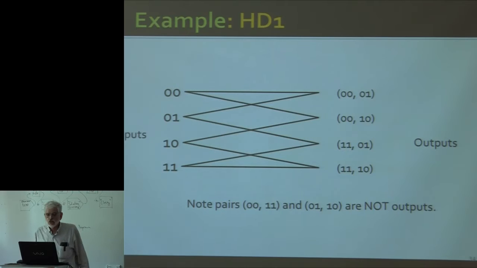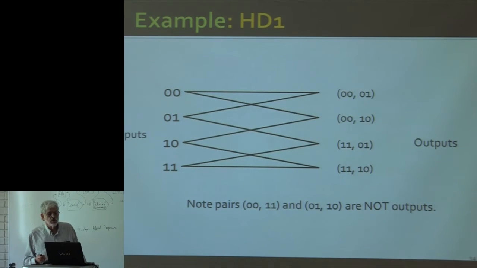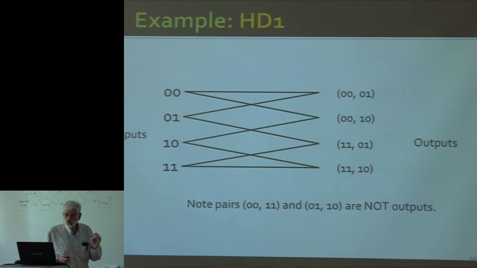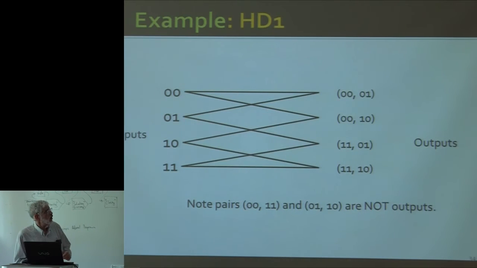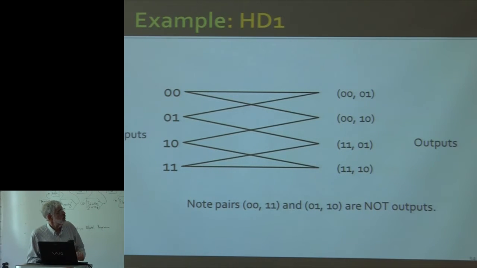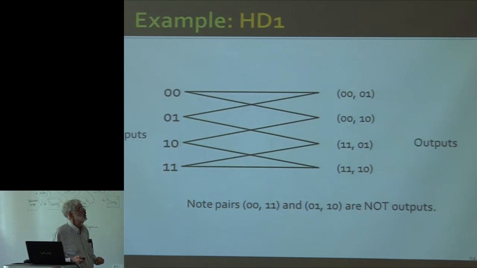So here's an example. For the case of b equals 2, there are bit strings of length 2. There are 4 inputs, and there are actually 4 outputs, because of the 6 pairs of inputs, 4 of them are at Hamming distance 1. Like 0,0 is obviously Hamming distance 1 from 0,1.